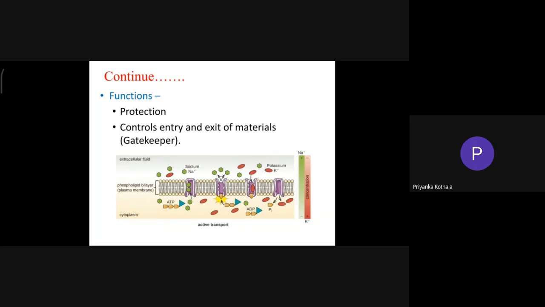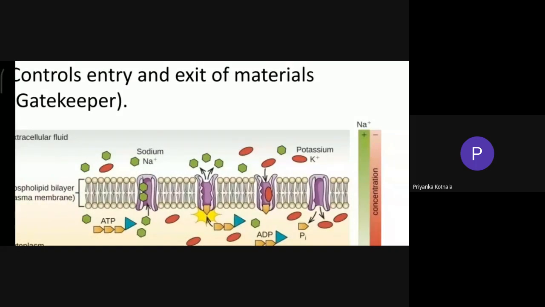You can see some gates, means some transport channels are there. You can see here these balls and their tails. There are two layers. Every layer contains one ball and two tails.